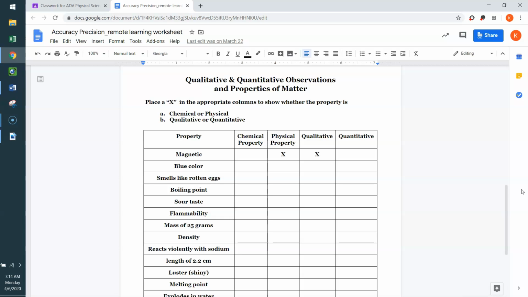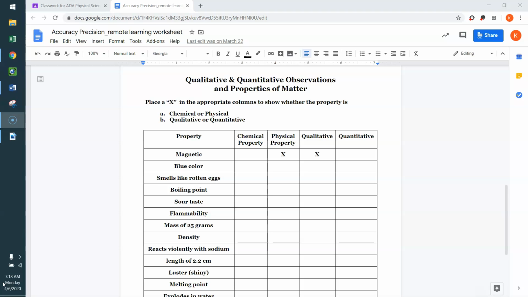So, chemical properties represent how a substance would become something new by undergoing that process, whereas a physical property simply describes the substance. So the physical property is a way to describe the substance without changing its chemical makeup.